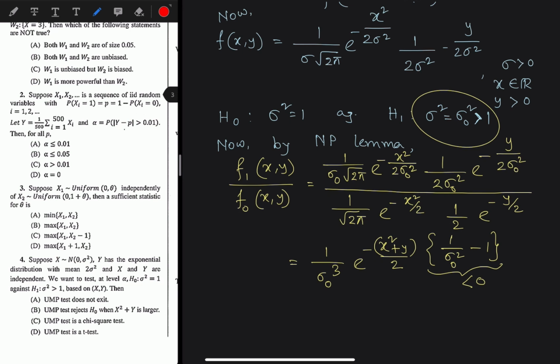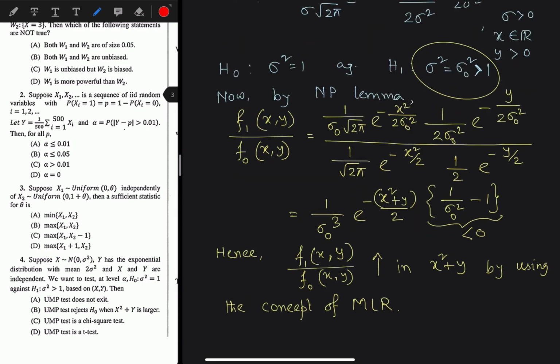Now from the concept of monotone likelihood ratio or MLR, we can say that if x square plus y increases, then this quantity is negative, that means 1 by sigma naught square minus 1 is a negative quantity, and x square plus y has a positive quantity before this quantity.